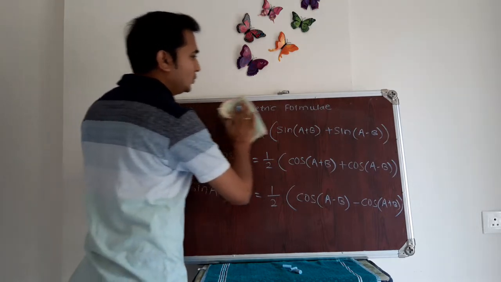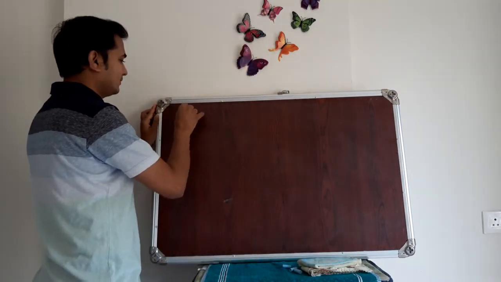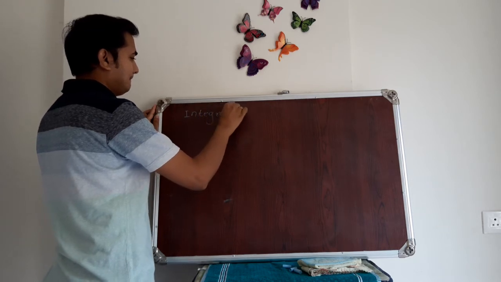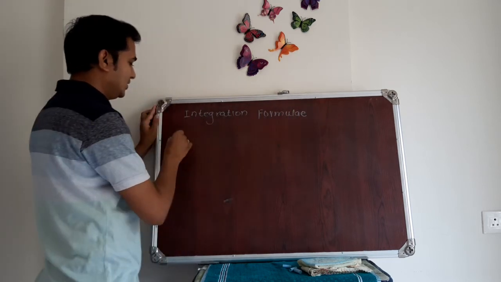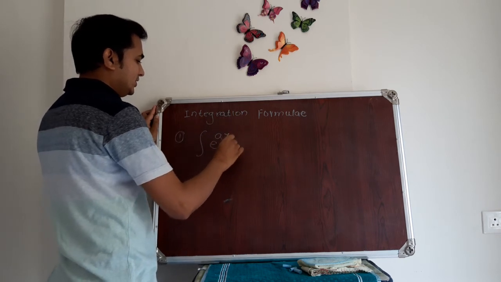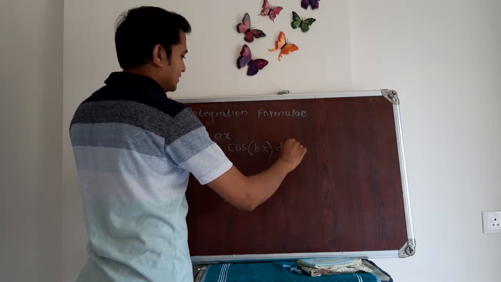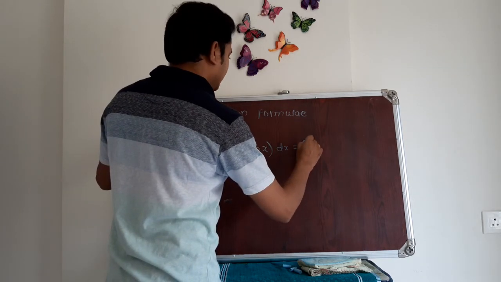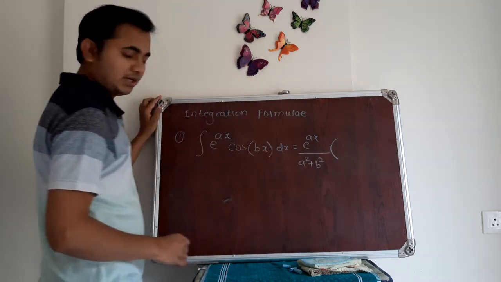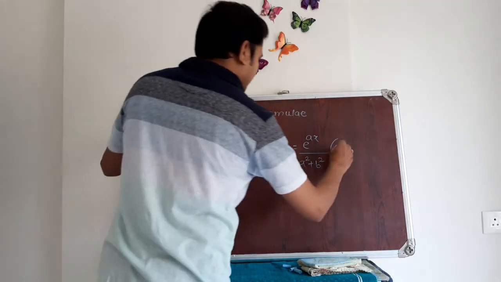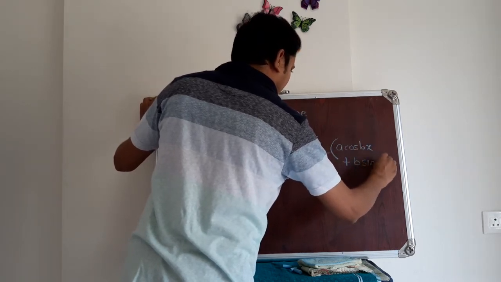Next we need two integration formulae. First is integral e raised to ax cos of bx dx is equal to e raised to ax upon a square plus b square into bracket a cos bx plus b sin bx.